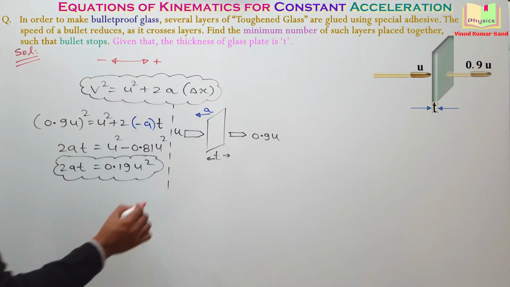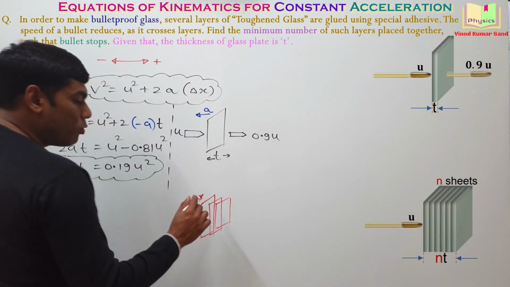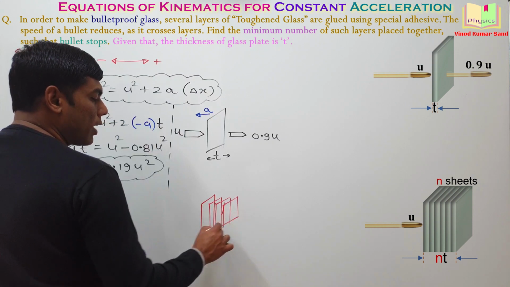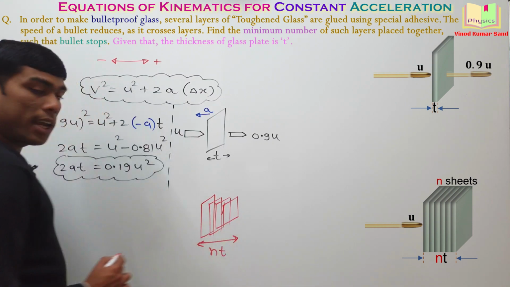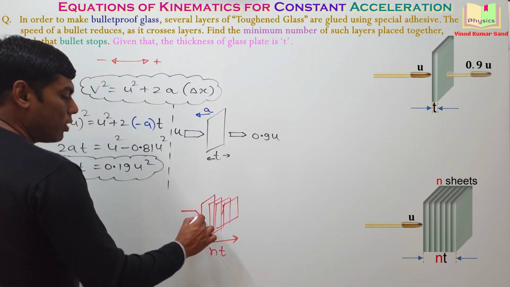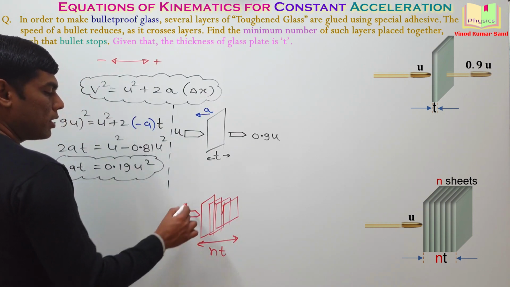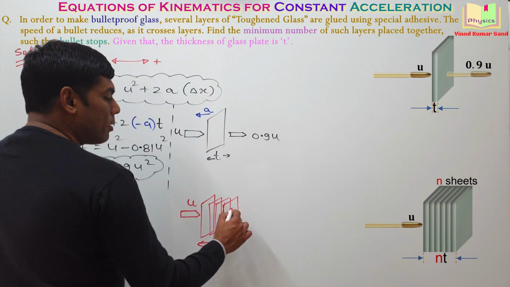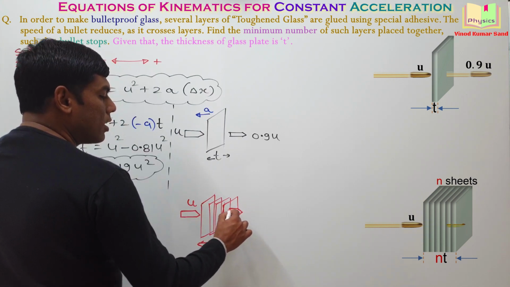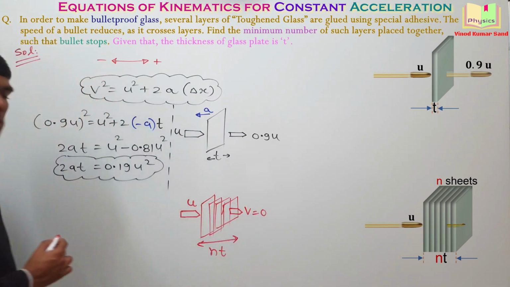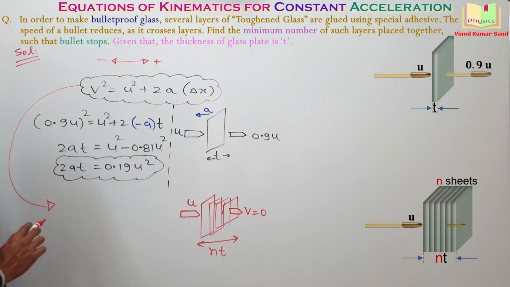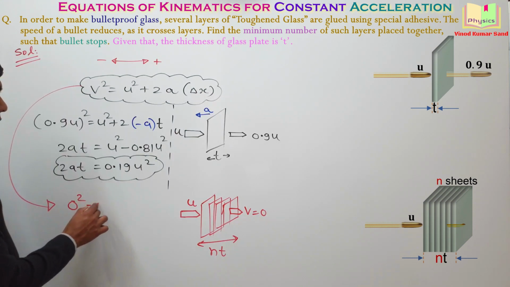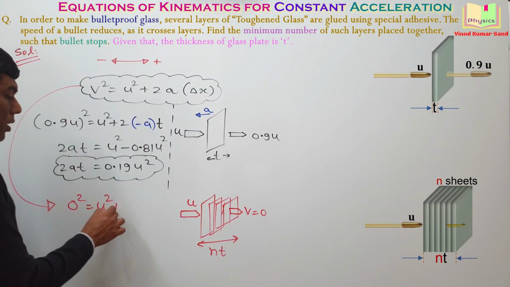Now, in the next part of the calculations, if you use such n sheets together, then this thickness will become nt. The bullet will have the speed u here, but here the bullet will come to rest. The final velocity will become 0. For this situation also, I am using the expression again. The final velocity is 0, the initial is u, plus 2.